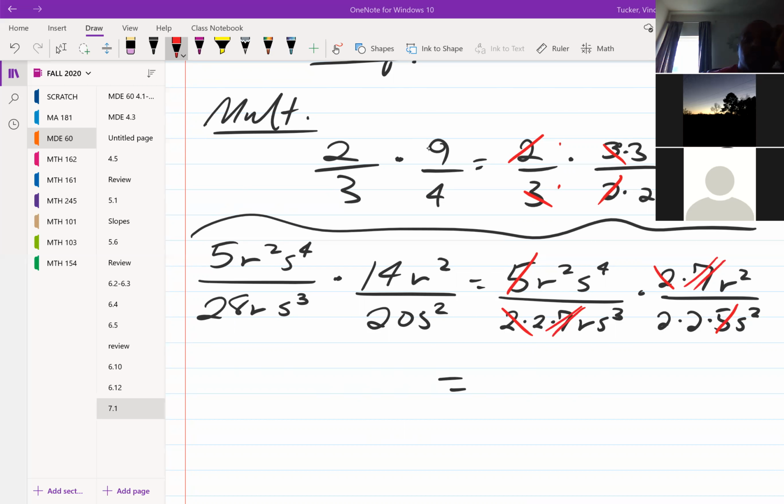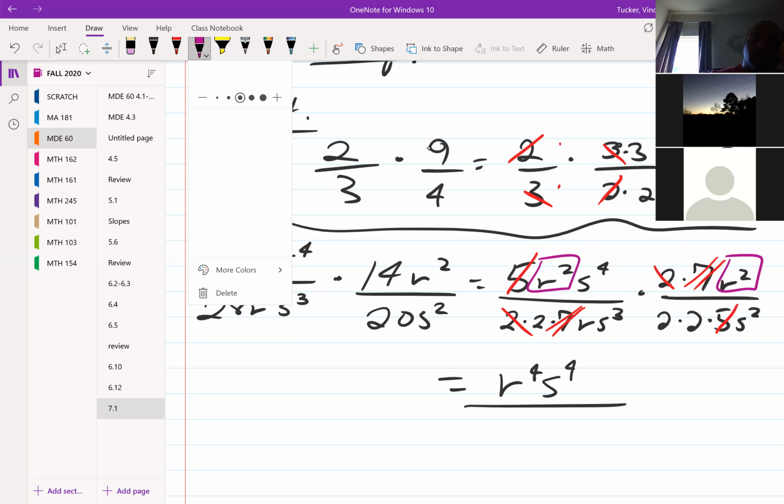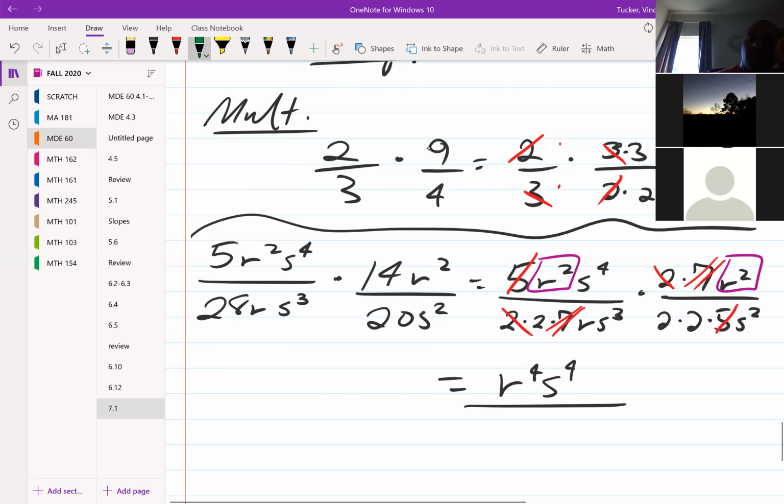So when we look at top, we have r squared, r squared. So r squared times r squared is r to the fourth. And just s to the fourth. Down bottom, we have 2 times 2 times 2, which is 8.